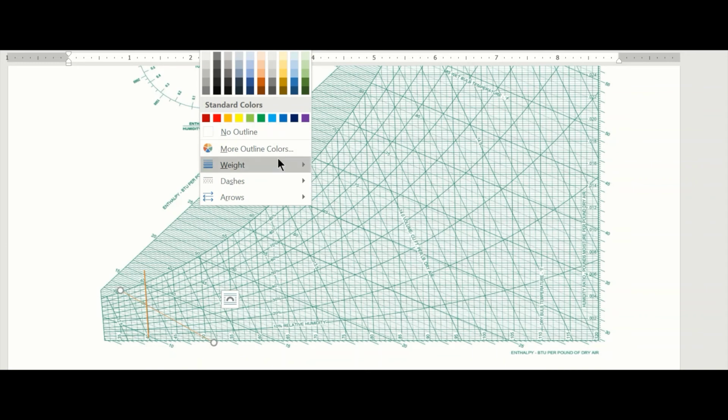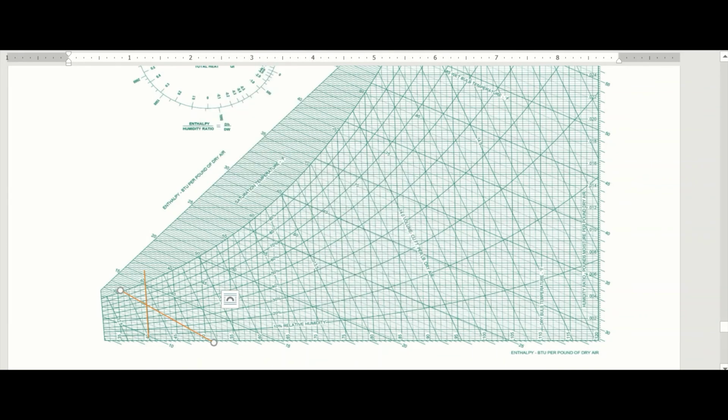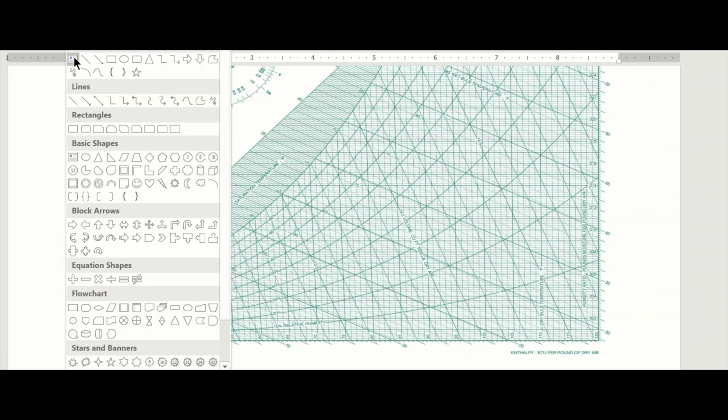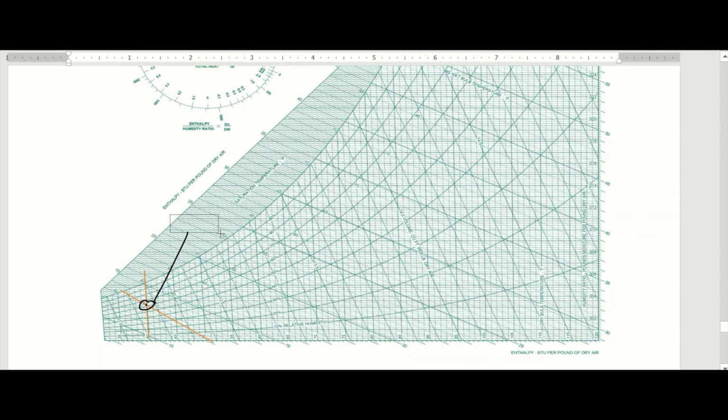So that is my wet bulb line. Now this is my state point 1. I can label it. It's very important to show your state point. So here is my state point 1.